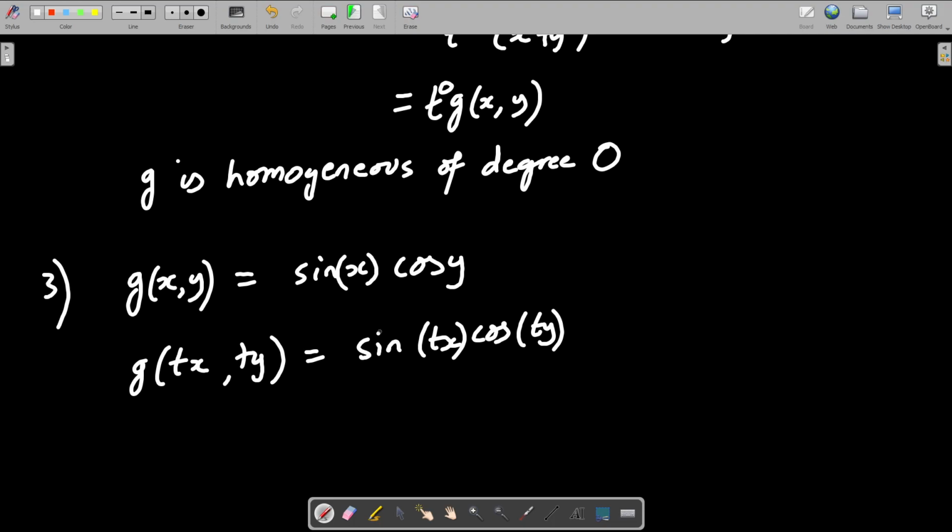Can you take out the t now? No, right? The t does not come out of the sine function like that. So this cannot be simplified as t times g of x y. So the conclusion here is g is not homogeneous.